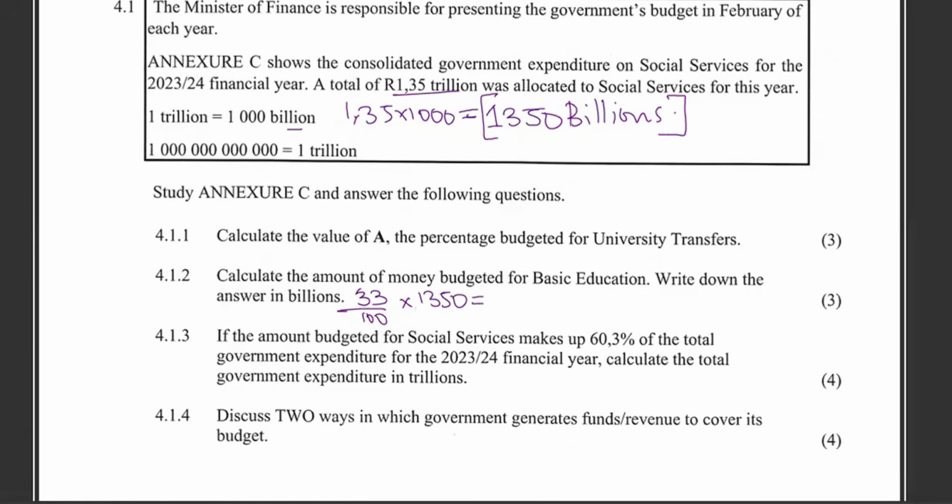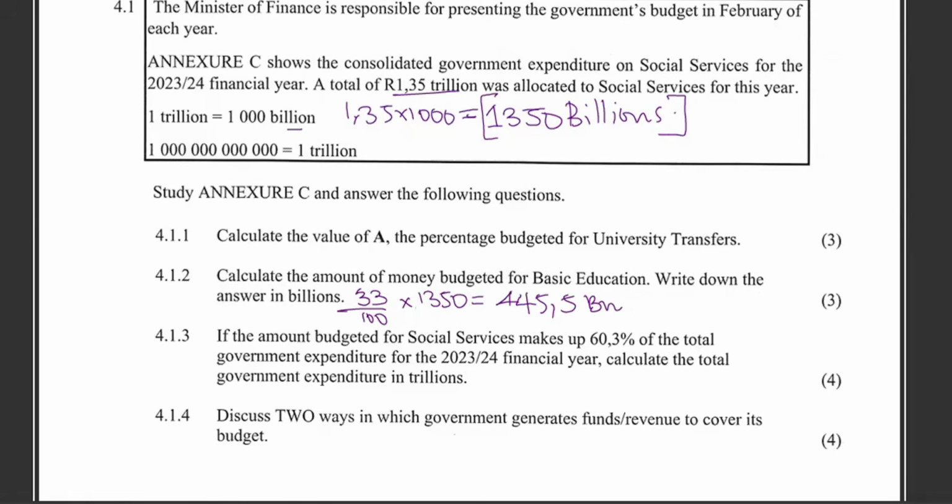What answer do you end up having? The answer we end up having is 445.5 billions.